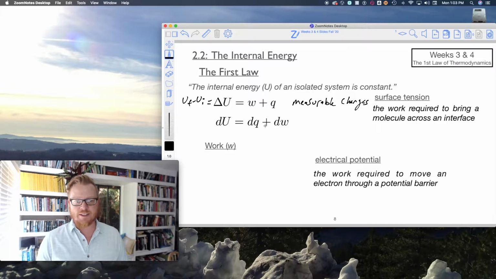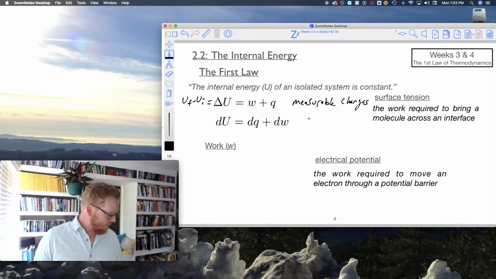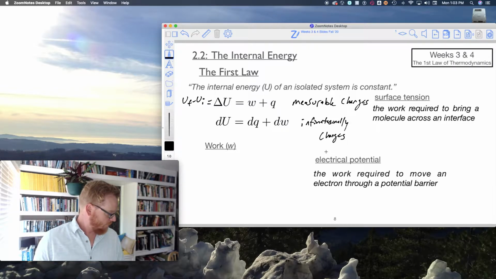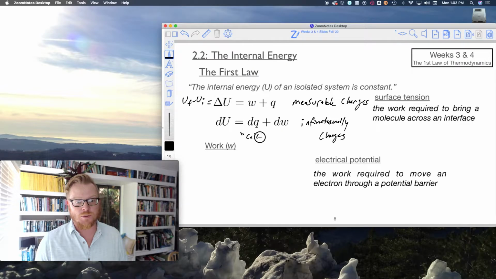Okay, so what does this thing mean? Well, this is, assuming I can spell, infinitesimally small changes. Okay? And so when we're talking about infinitesimally small changes, we're kind of saying use calculus.